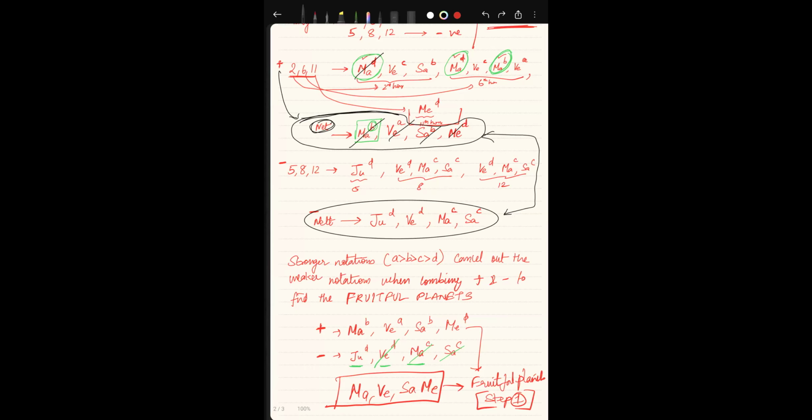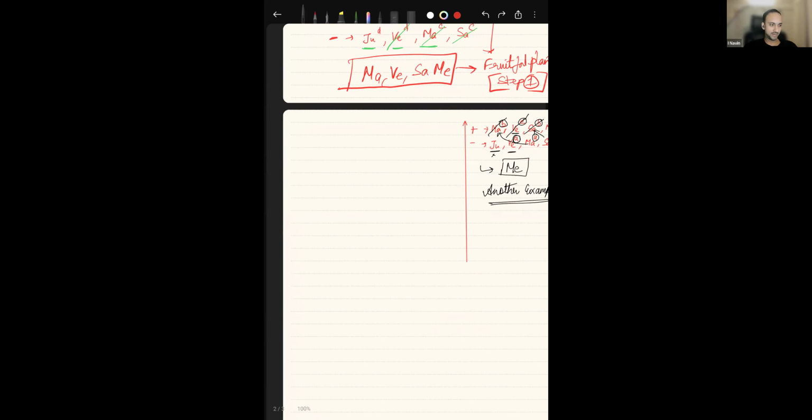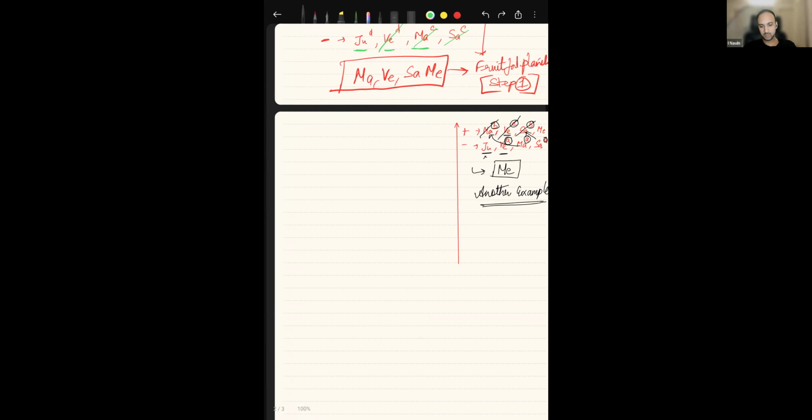That's the reason I brought it till here. So I just try to do it step by step. But once you do it a couple of times, it becomes internalized. Then by looking at it, you can do it. So don't worry about it. It's about getting the hang of it. Perfect.